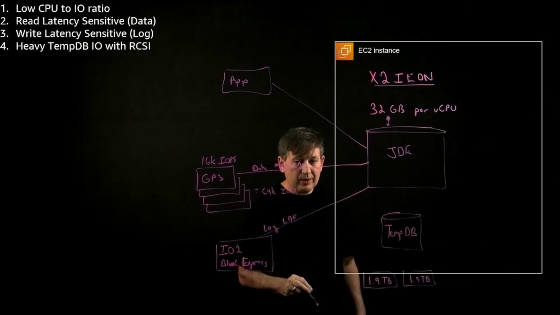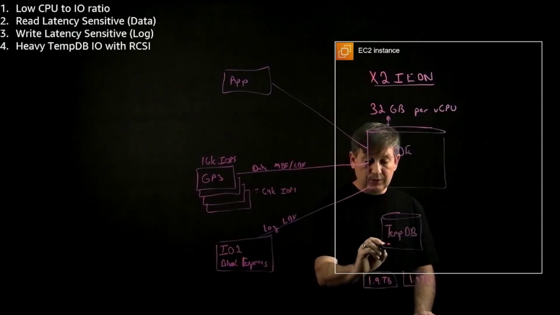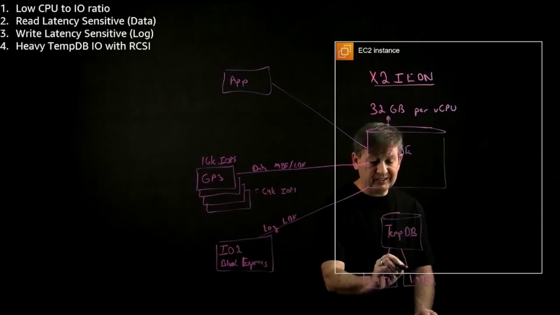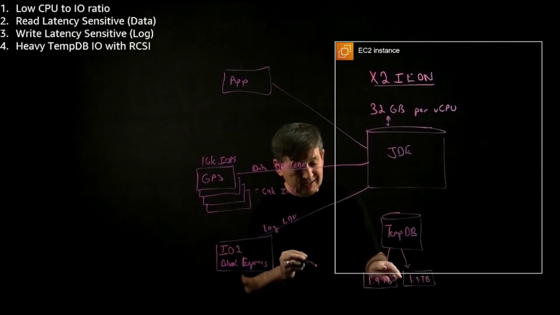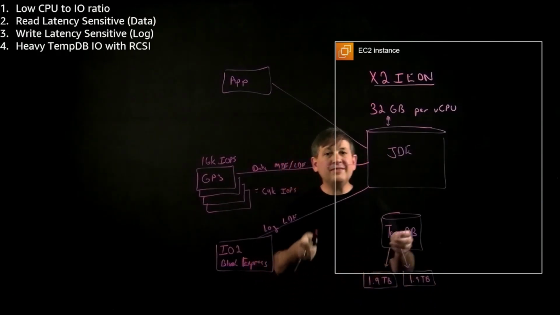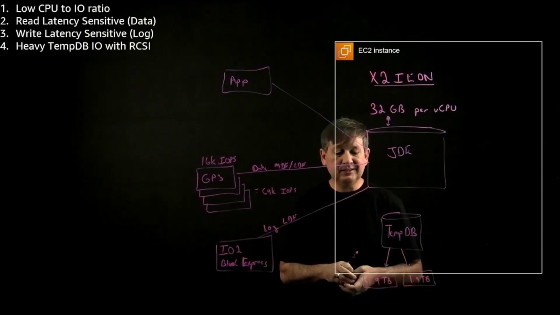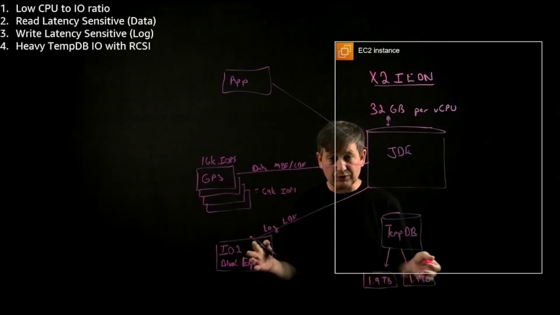The way that we would leverage these instance stores is we would actually move our TempDB out to these instance store locations. These instance stores are ephemeral, which means when this system is shut down, the content of these drives goes away.